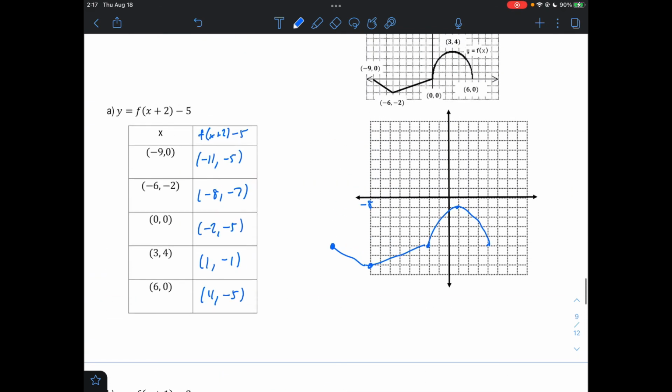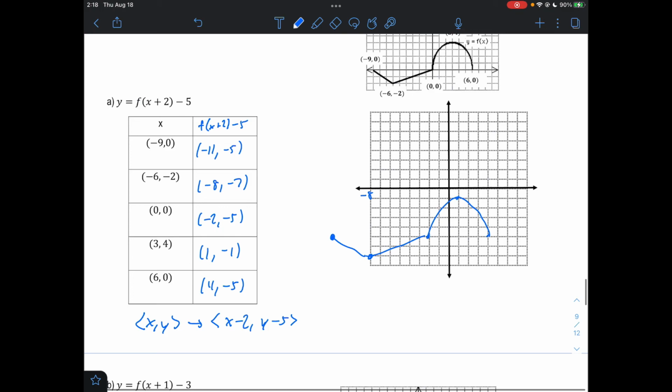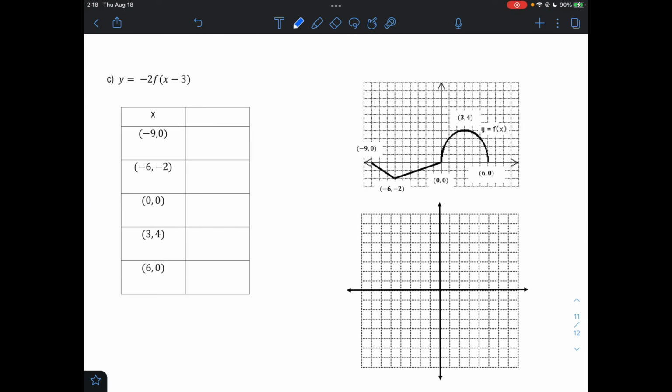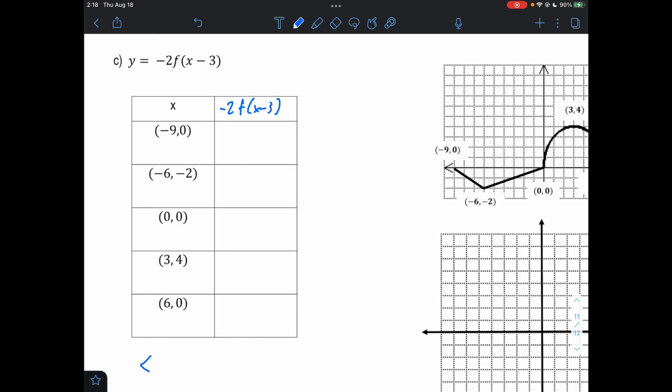Let's go back to A. We forgot to write the rule for this one. So xy would go to x minus 2, y minus 5. All right, C. So our rule here is going to be xy is going to go to, so we're going to move the x's to the right 3. So it's going to be x plus 3. And then we're going to multiply the y's by -2. So it'll be -2y.